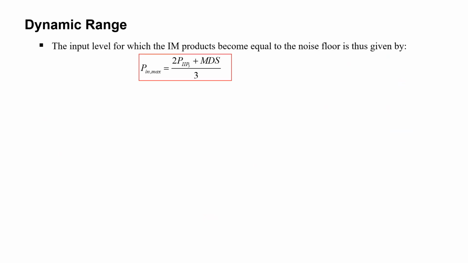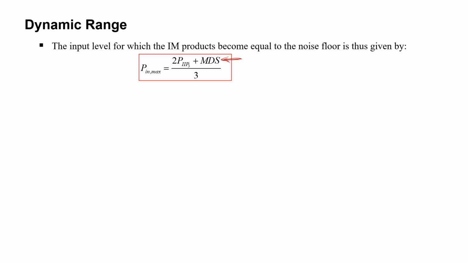Dynamic range. The input level for which the IM product becomes equal to the noise level is thus given by P in maximum equal to 2 PIIP3 plus MDS, divided by 3. Here I have replaced the intermodulation point with MDS.